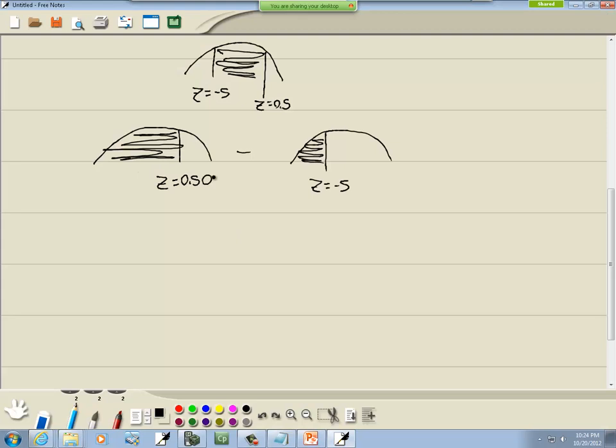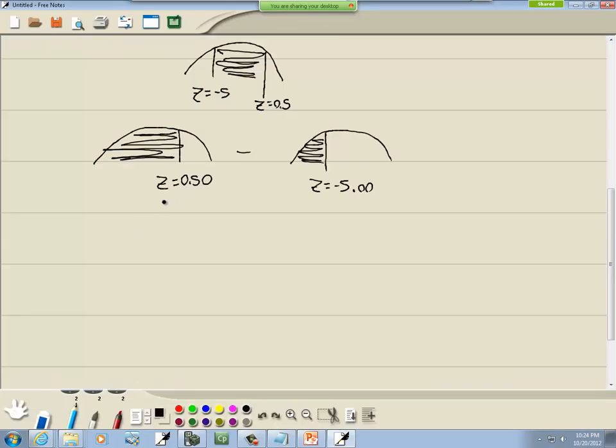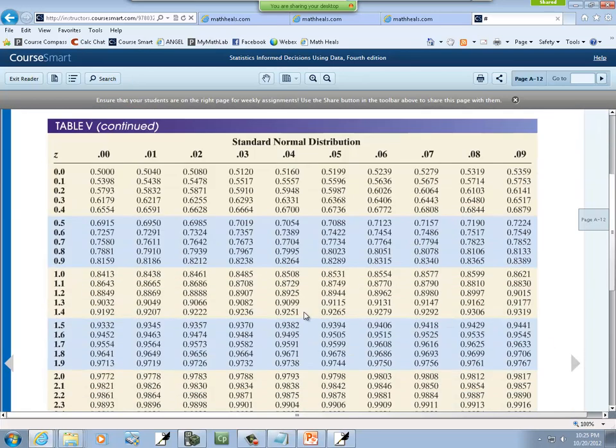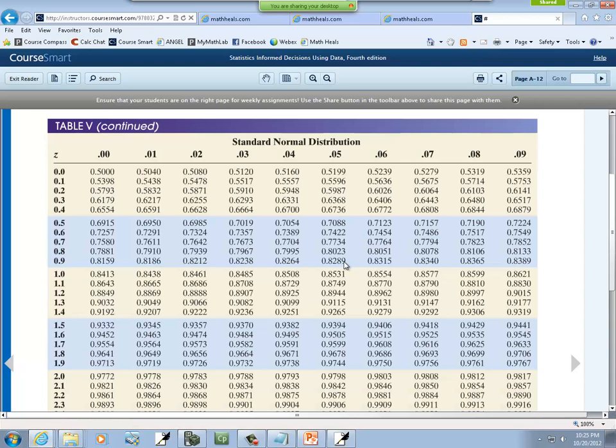Okay, well, of course this is these right here. Our hundredths place here is a 0, so we're looking at this first column. And 0.5, I need to go to the next page. So looking here, 0.5, this is 0.6915. Minus negative 5, that's the previous page.